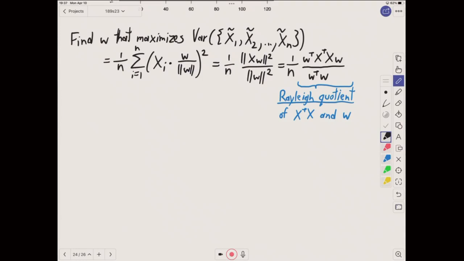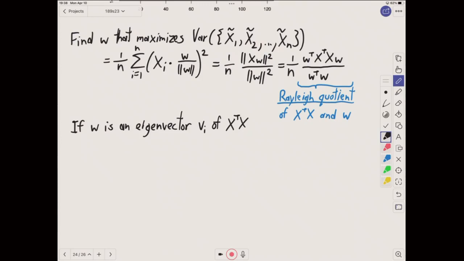So, all right, we want to maximize this thing. How do we maximize it? First of all, let's just consider a special case. Suppose W happens to be an eigenvector of X transpose X, let's say eigenvector number i. In that special case, what is the Rayleigh quotient?